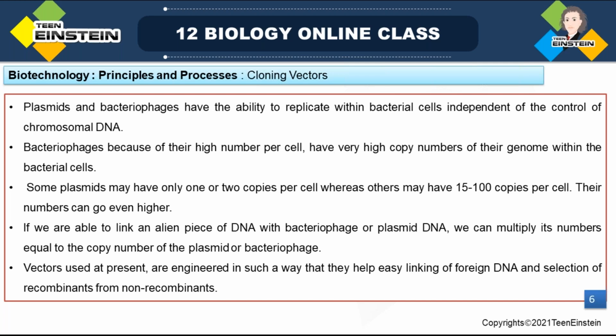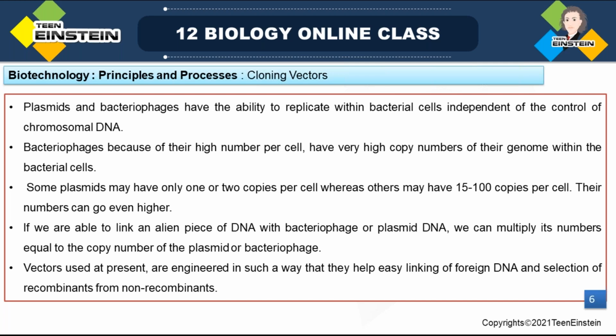We can't select all. If 100 copies are there, we can't select all 100. We need to select the recombinants, which have the gene of interest. For that only we are trying. So based on that, nowadays scientists are designing the vectors.